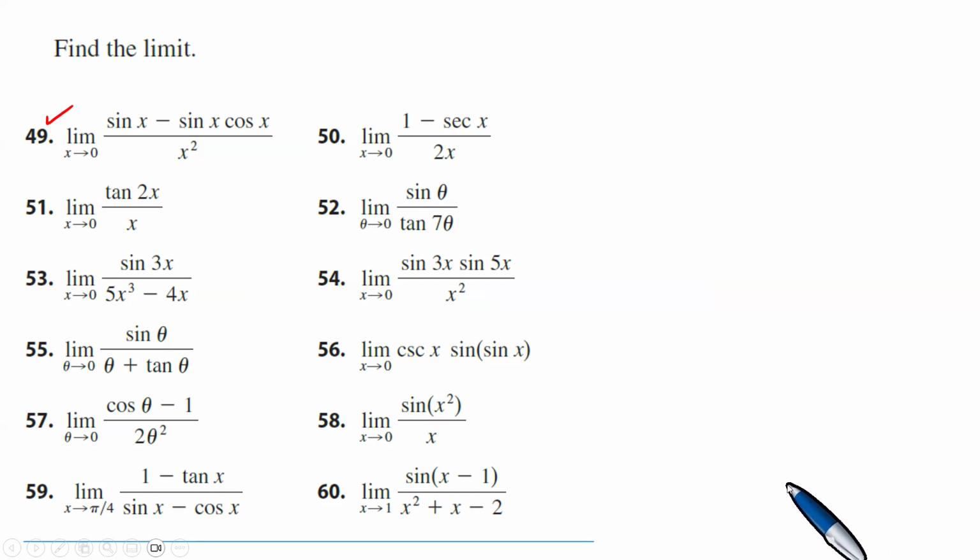Now I'm done, and then we will notice what exactly we need to do here. You'll see exactly what to do here.